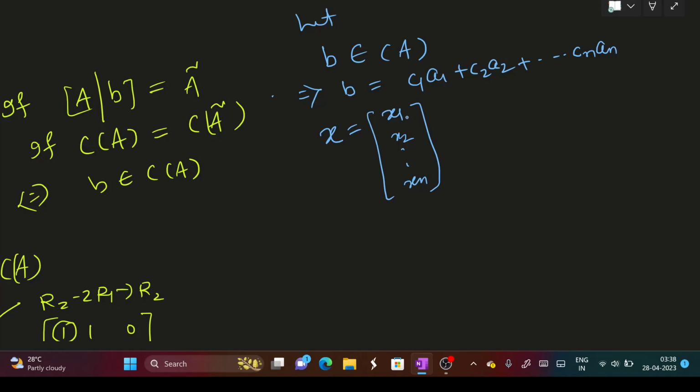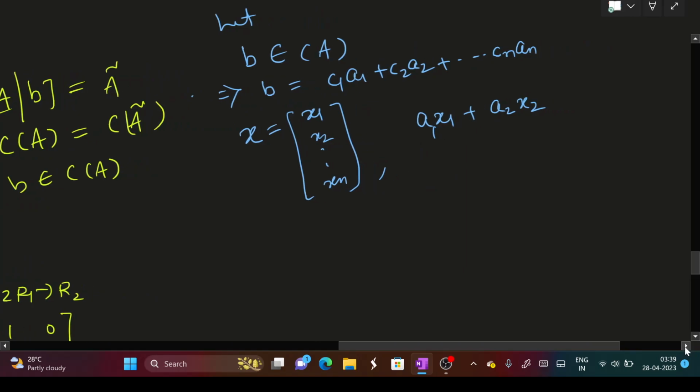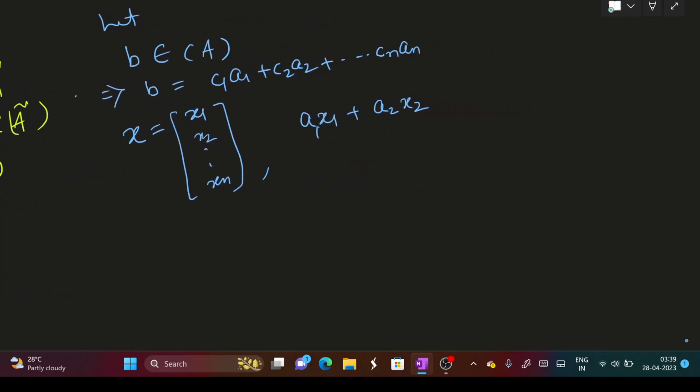This means in the column form notation, it is a1 x1 plus a2 x2 and so on plus an xn gives rise to my b vector. Okay, I hope you are getting it.